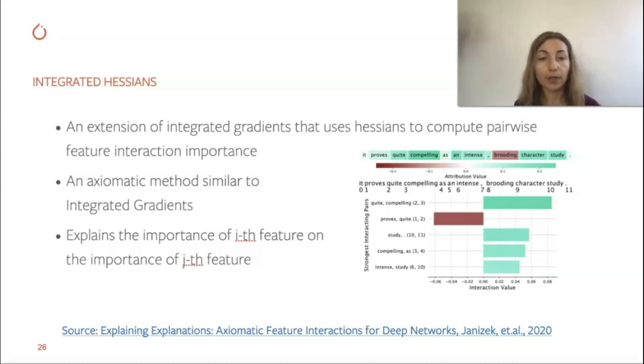For example, on the right side here, we can see that in the expression "quiet compelling", the pairwise interaction of "quiet" and "compelling" has a high attribution score, whereas the interaction score between "compelling" and "intense", or "intense" and "steady", is a little bit smaller compared to "quiet compelling".